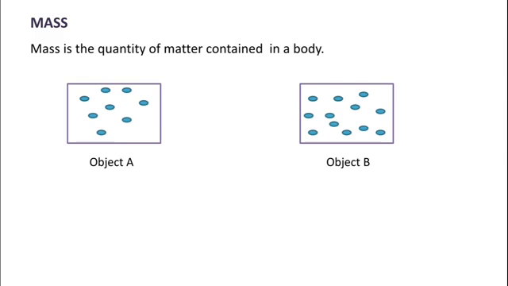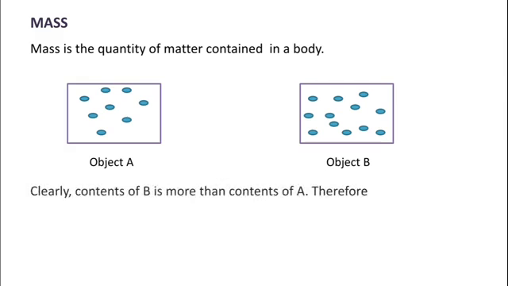As the dimension of these two objects is the same, it is clear that the contents present in B are more than the content present in A. Or we can say object B is consisting of more particles as compared to object A. That is, the quantity of matter in object B is more than the quantity of matter in object A. Hence we can say that the mass of object B is greater than the mass of object A.